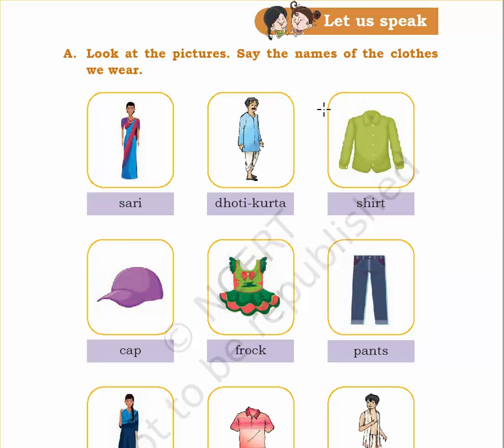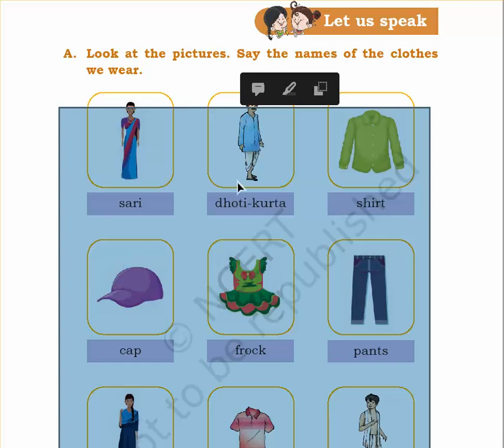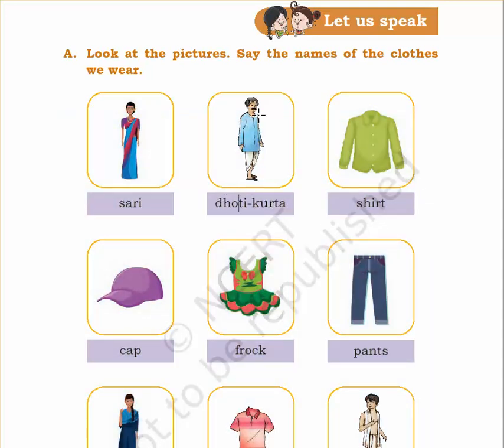Now we need to look at the pictures and say the names of the clothes we wear. So first one is a sari. Second picture is showing a man wearing dhoti kurta. Then here is a shirt. This picture is showing a cap.